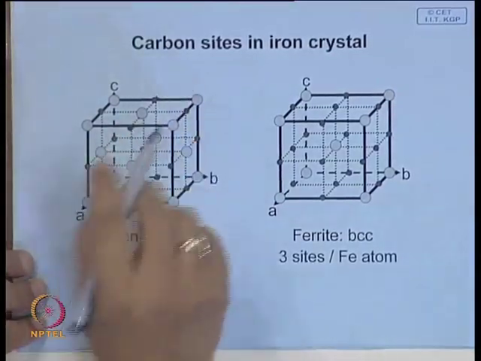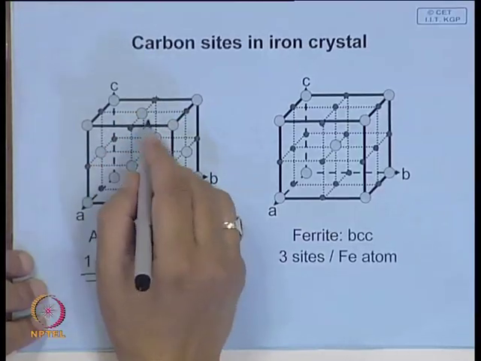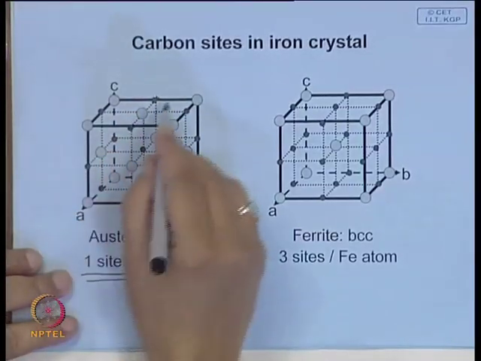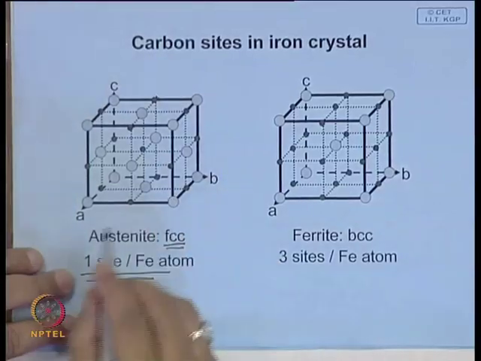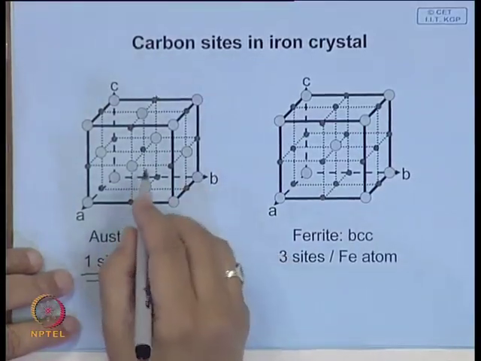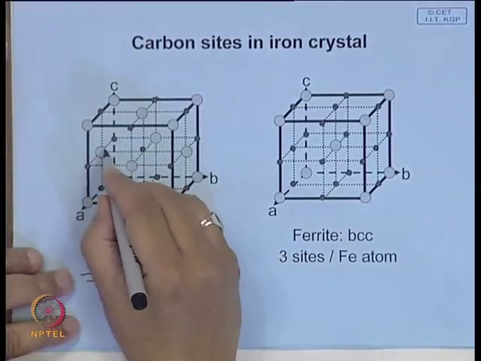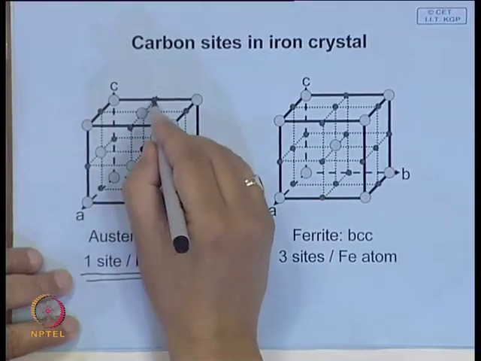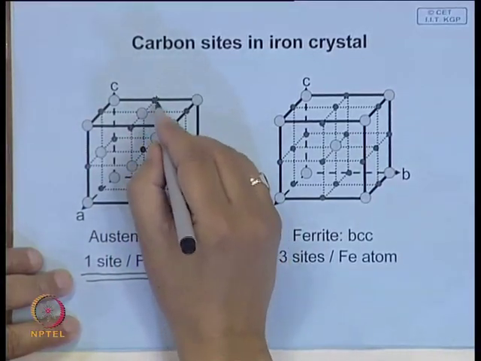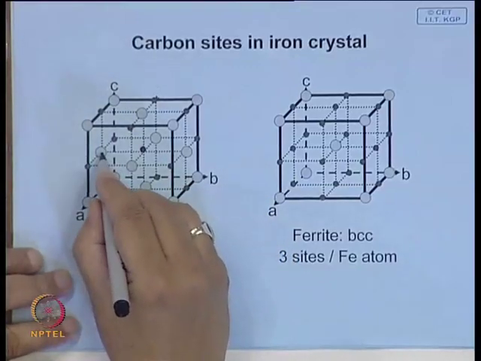If you put a carbon atom here, there will be lattice distortion, and we have seen that lattice distortion in this case is little less. It is symmetric in all directions. The surroundings of all interstitial sites are exactly the same.